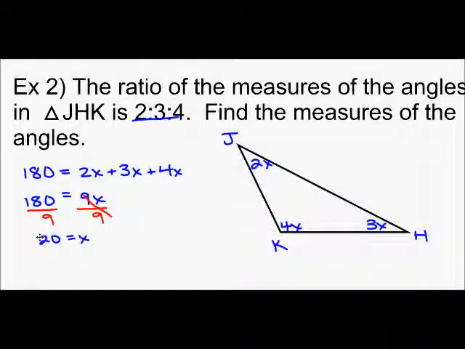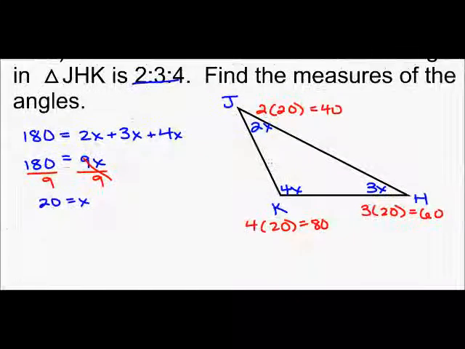But I don't want to find x. I want to find what each angle equals. So right here I'm going to plug in my x. 2 times 20 is 40. 3 times 20 is 60, and 4 times 20 is 80.